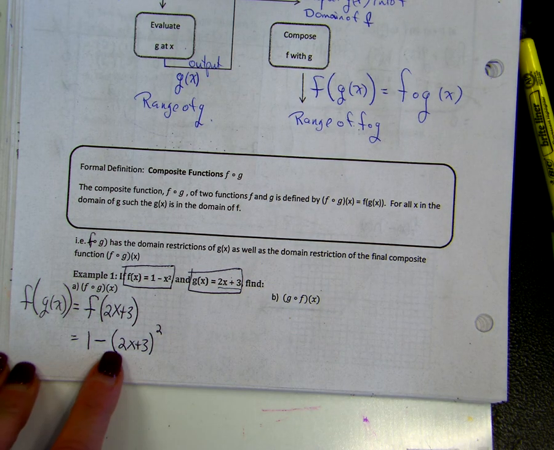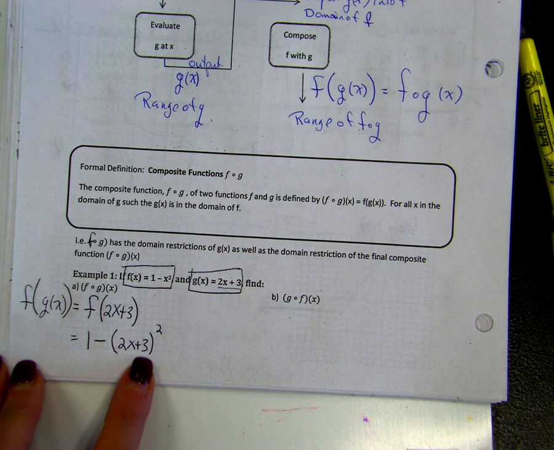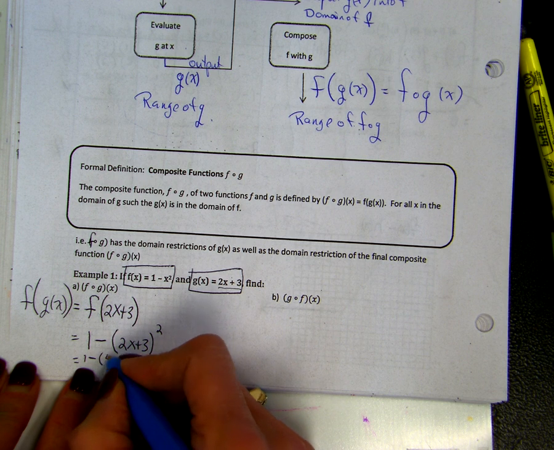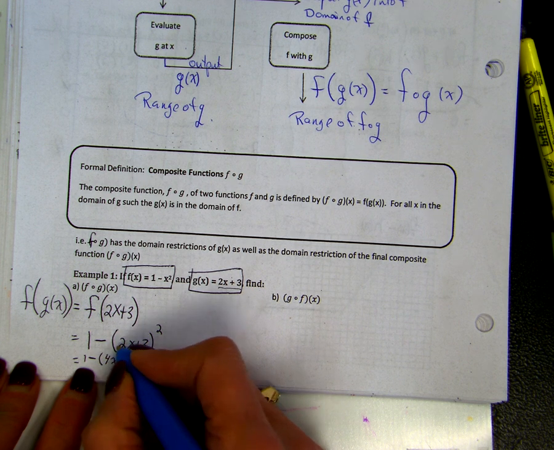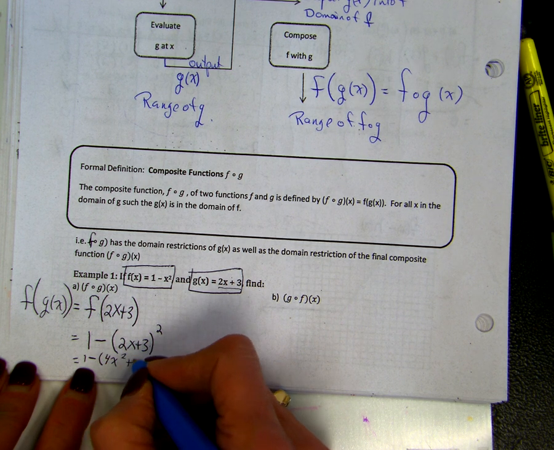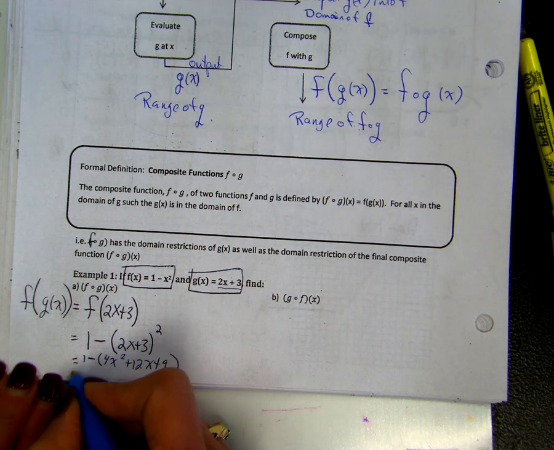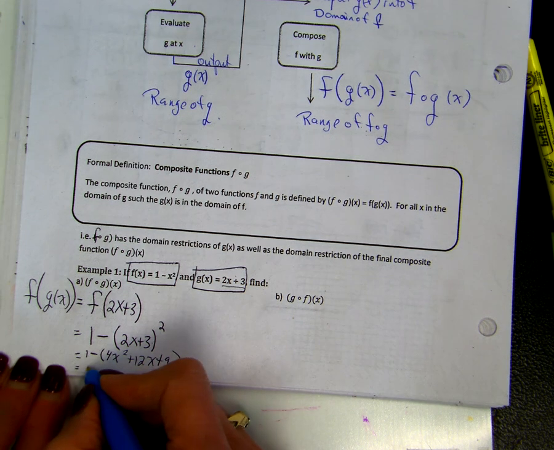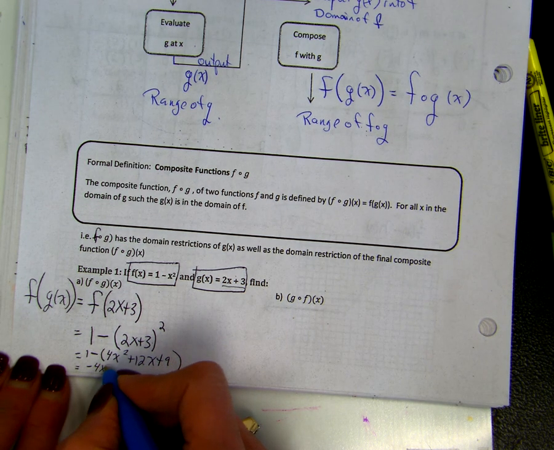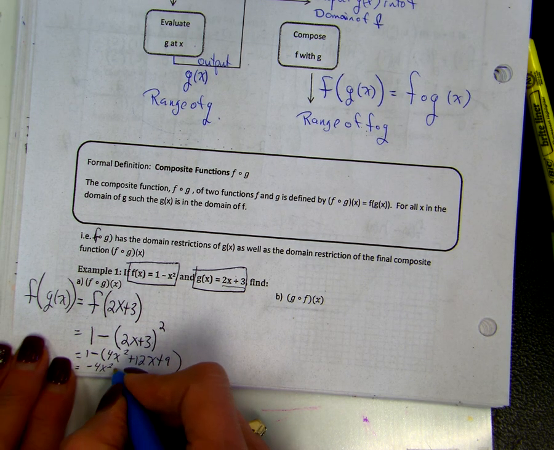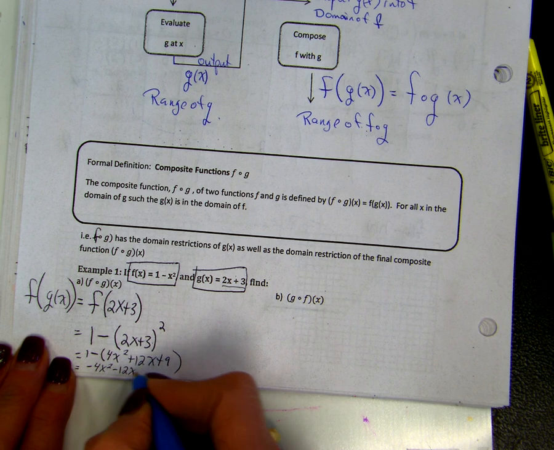So this would be f composed of g at x. And of course you would FOIL that all out. Minus 4x squared plus 2 times 3, 6 times 2, plus 12x plus 9. Collect like terms, and I get negative 4x squared minus 12x minus 8.